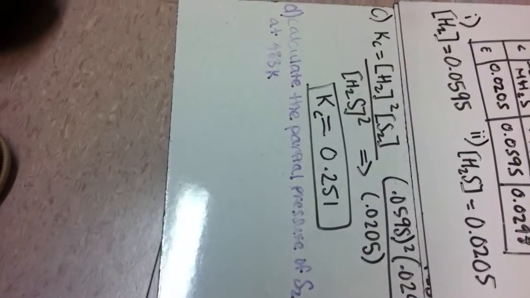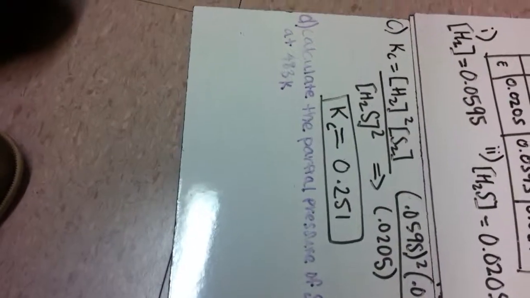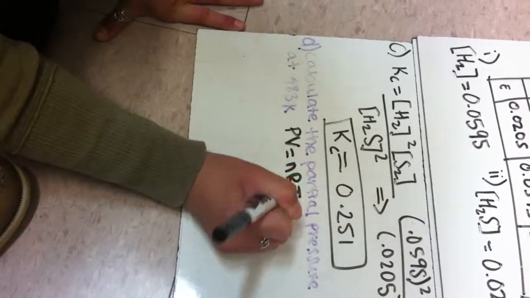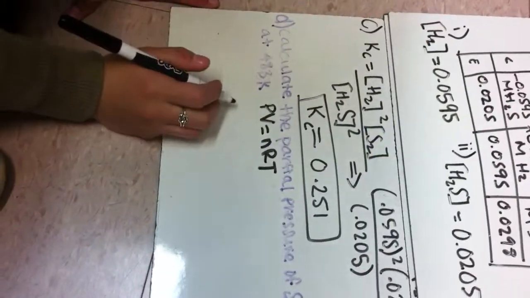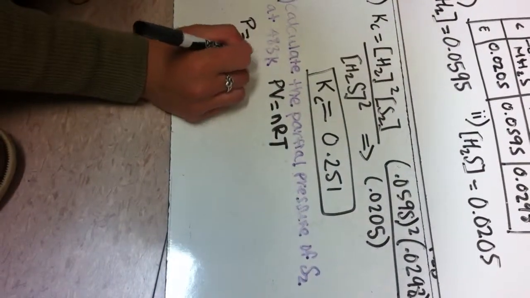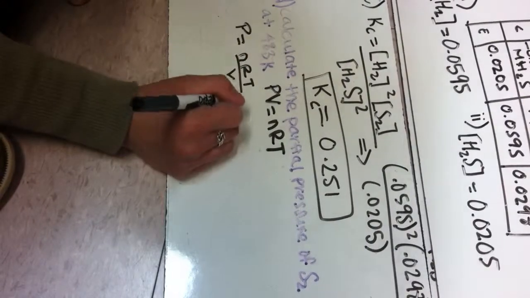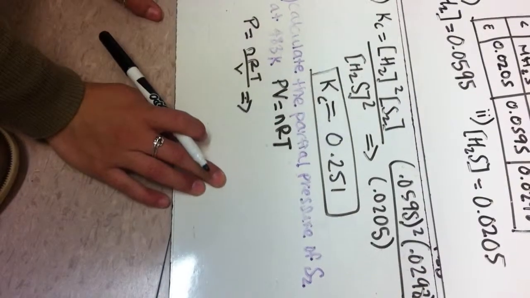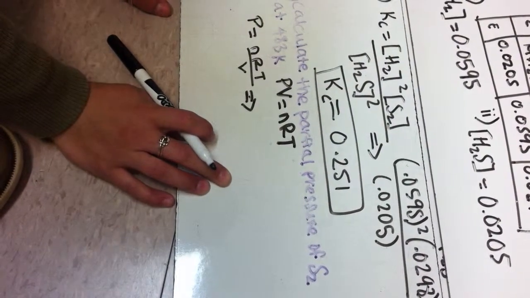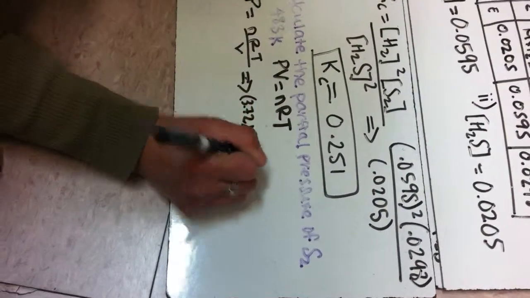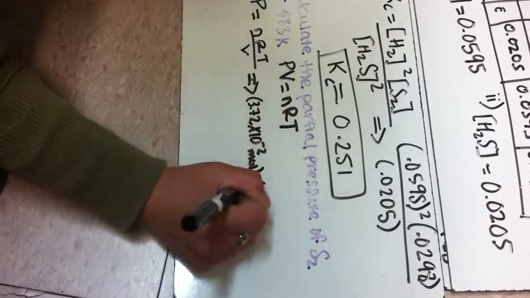Part D asks for the partial pressure, and the container is at 483 Kelvin. We use the equation PV equals nRT, and we are solving for P, so P equals nRT divided by V. We use our initial moles of 3.72 times 10 to the negative second, which was given to us to start.